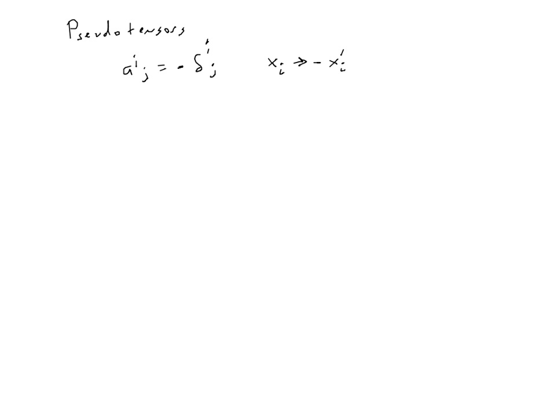And so if you have a coordinate system, let's say we have x1, x2, and x3, and within this coordinate system we have some vector r. Then under this type of transformation, we're still going to have a vector r, which is going to be pointing like this, but everything else is going to be inverted.